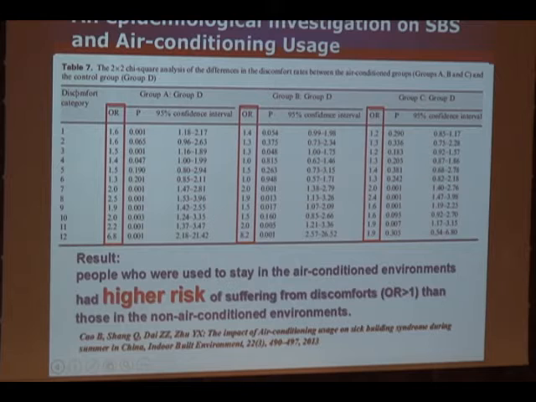The other three groups, compared to group D, all show a higher risk of suffering from discomfort, because the OR value is higher than 1. So we found that SBS is strongly related to air conditioning usage. But most people believe that SBS is caused by bad air quality.